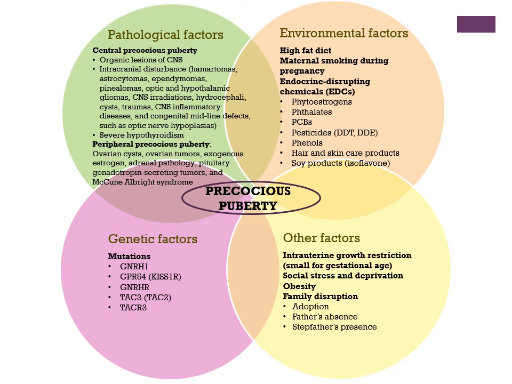Other potential factors associated with precocious puberty include intrauterine growth restriction, social stress and deprivation, obesity, and family disruption.